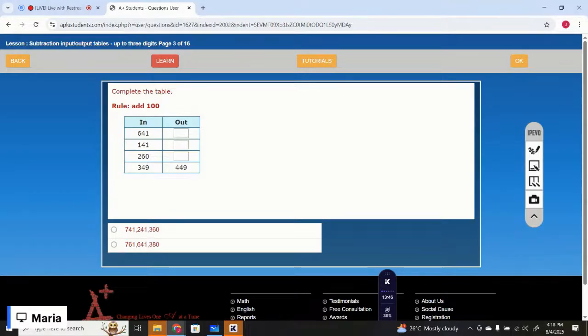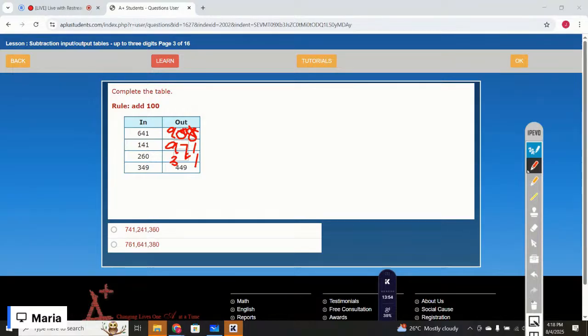Complete the table. Add 100. So 641 plus 100 equals 741. 141 plus 100 equals 241. 260 plus 100 is 360.